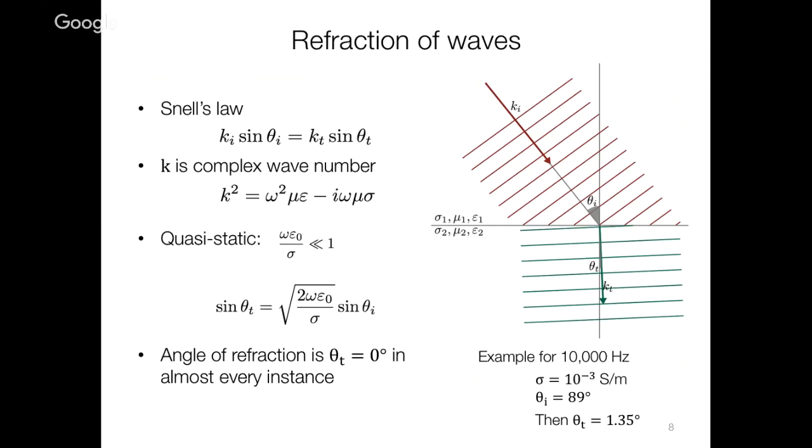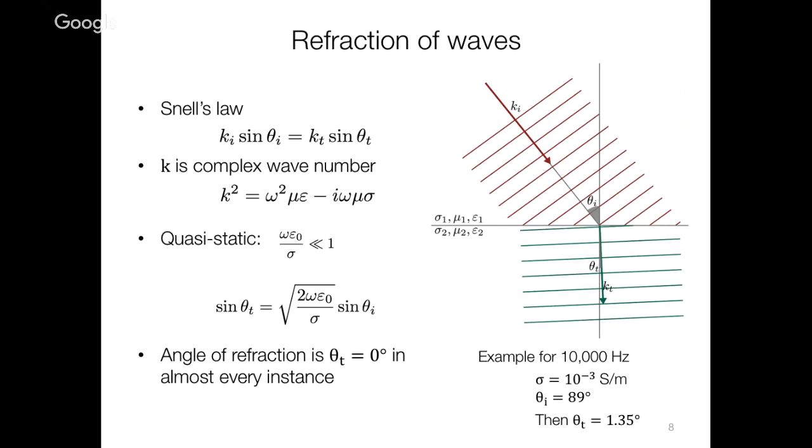And what we see is that because of the magnitude of the conductivity and epsilon naught, the permittivity of free space, a plane wave coming in basically just refracts straight down. So even if it's coming in at 89 degrees, so this is the wavefront surface, by the time it hits here, it just goes straight down.